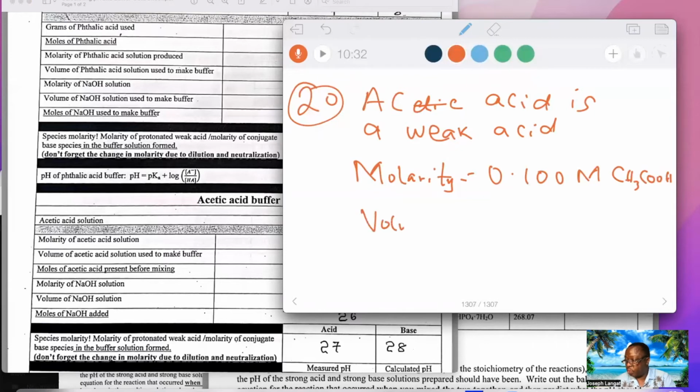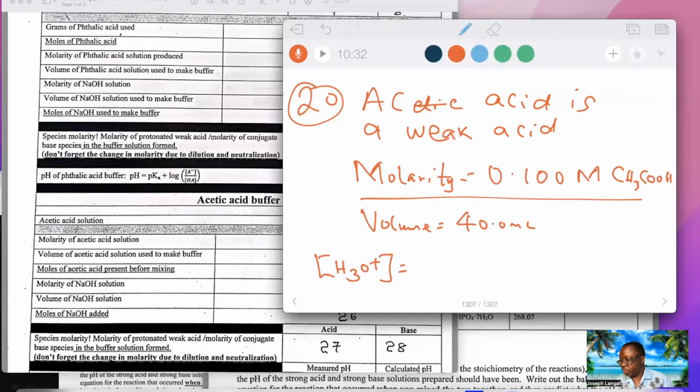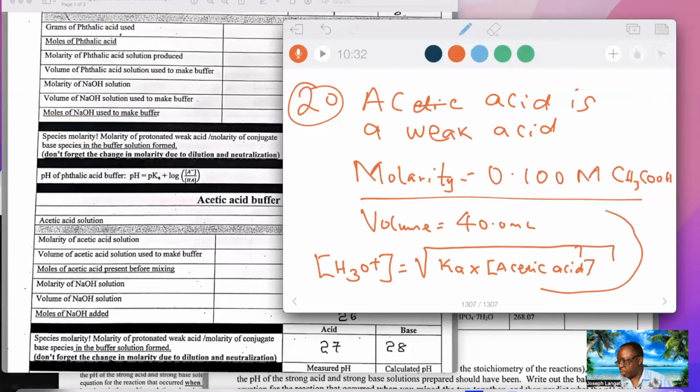The volume uses 40.0 mL, but we care less about the volume now, since we know the molarity. We find the hydronium concentration for a weak acid as the square root of Ka times the concentration of acetic acid, which is this one right here.